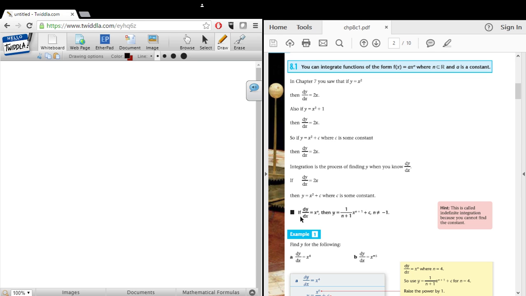In this particular case, if dy/dx equals x^n, then you're going to have y equals 1/(n+1) x^(n+1) plus c.